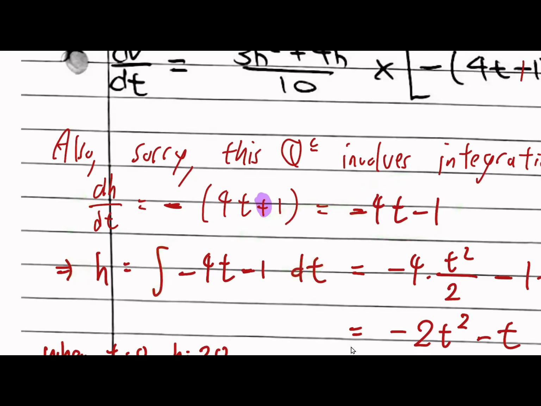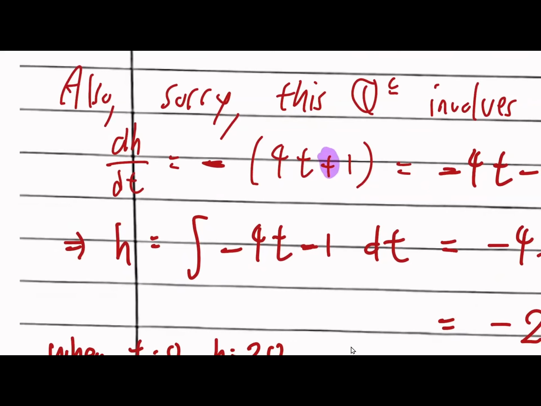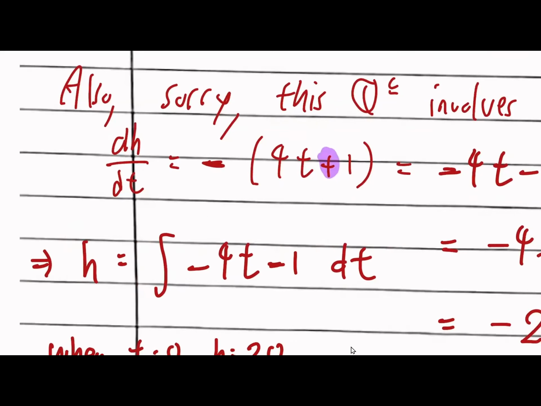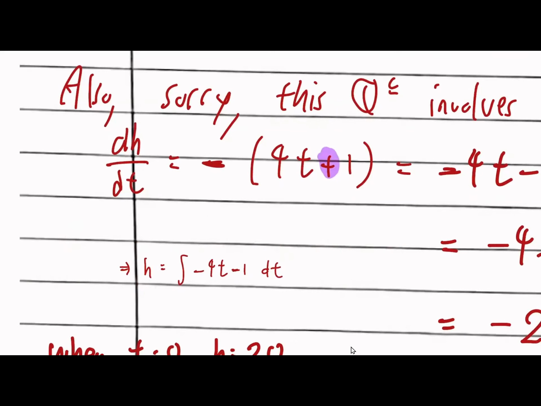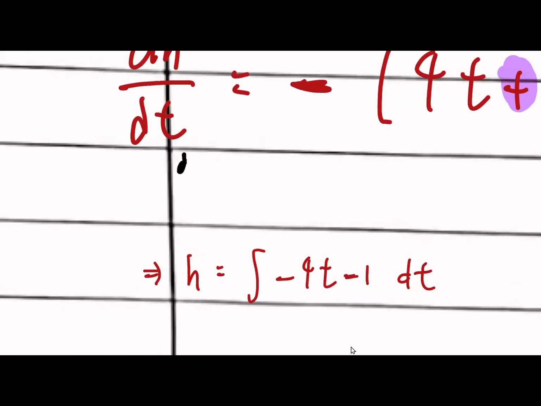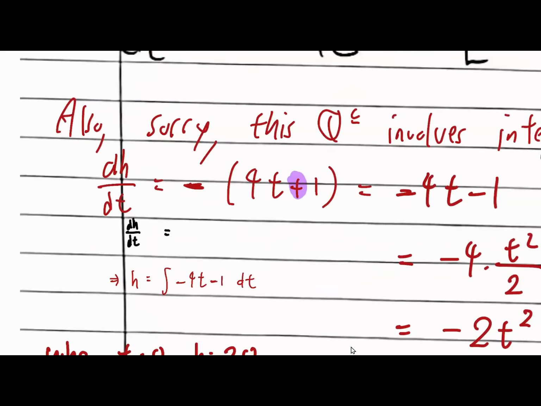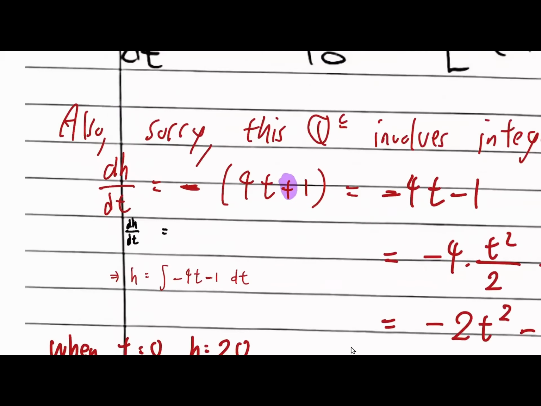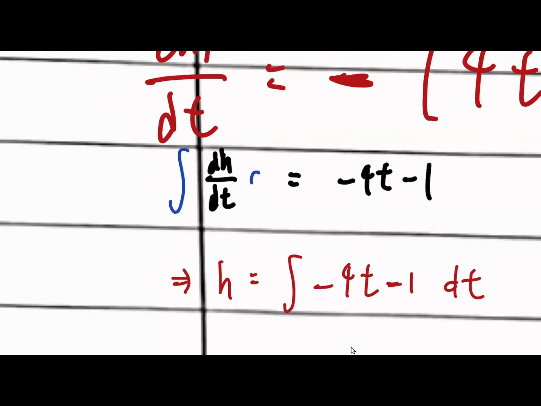I skipped one step. What's really going on over here, to show more working, is that I have dh by dt equals negative 4t minus 1, and I am integrating with respect to t. I am sort of doing the funnier version of differentiation. Previously it was d by dt, now change into integral dt on both sides.